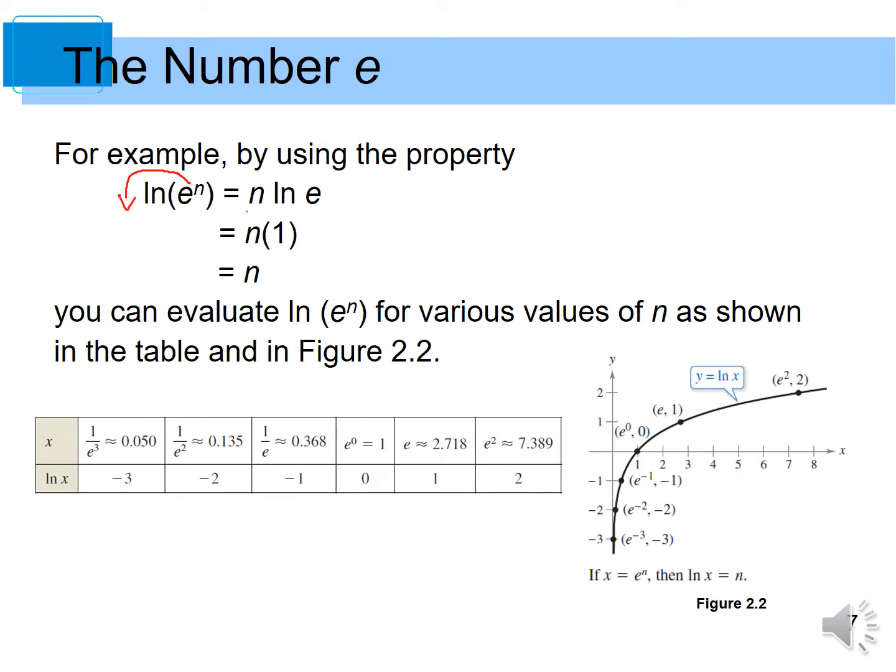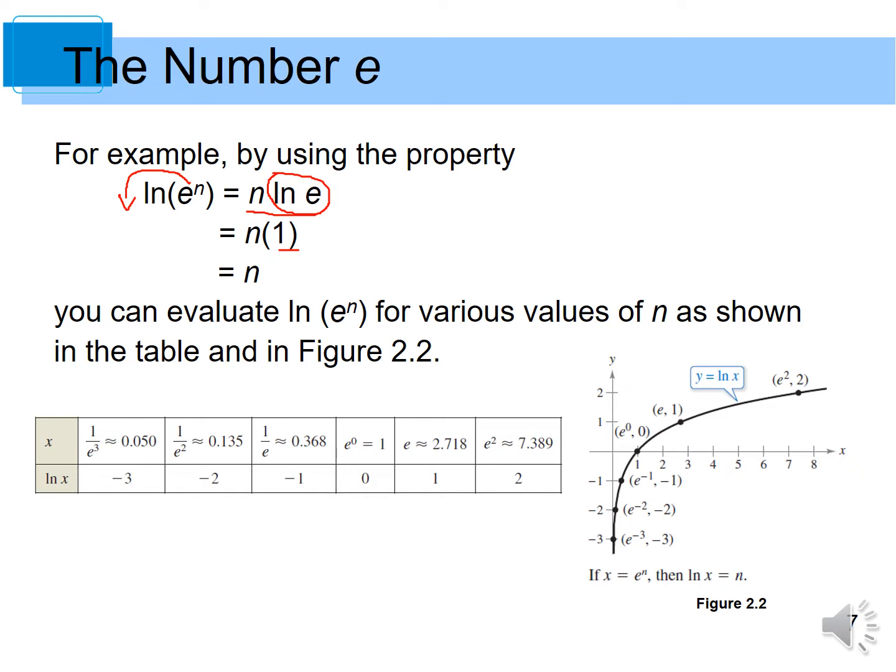So we have n multiplied by natural log of e, and you know that the natural log of e is equal to 1. So we have n, and you can evaluate natural log of e to the power n for various values of n. You can refer to this table and the figure.